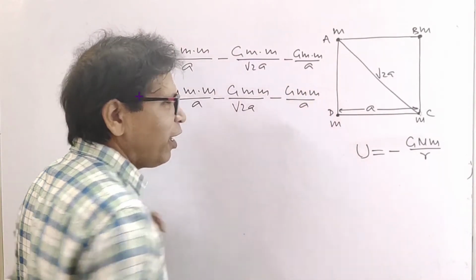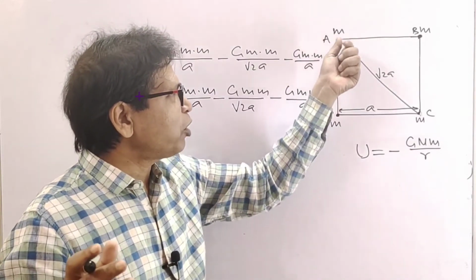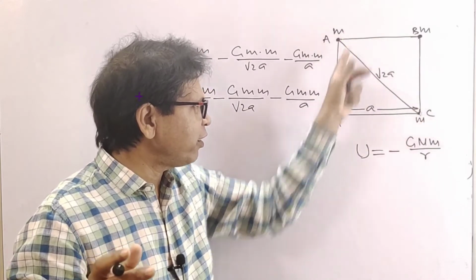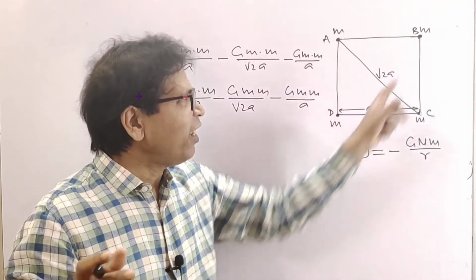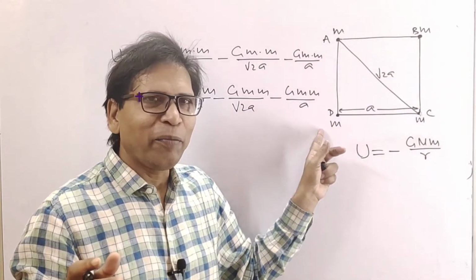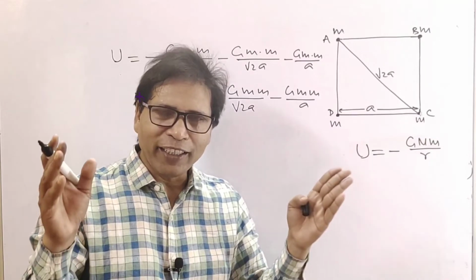Now finally we have to calculate potential energy between this mass and this mass, so this is minus Gmm divided by a. Okay, first of all we calculate potential energy between this, then between this and this, and between this and this, and finally between this and this. Okay, so there are 6 terms.